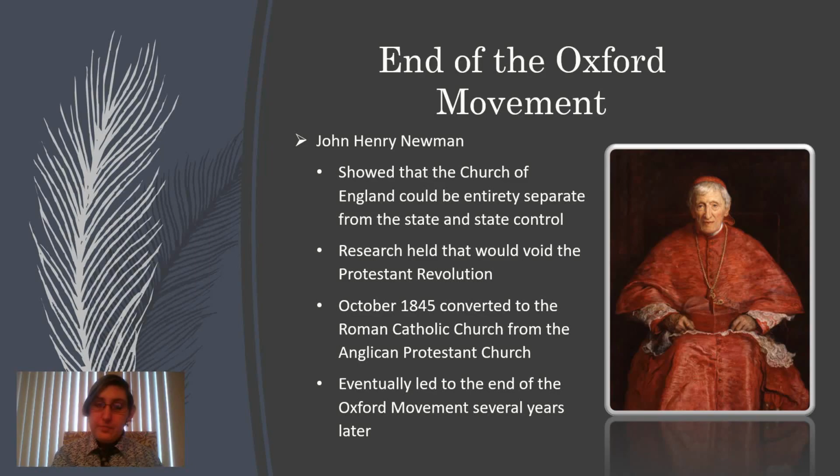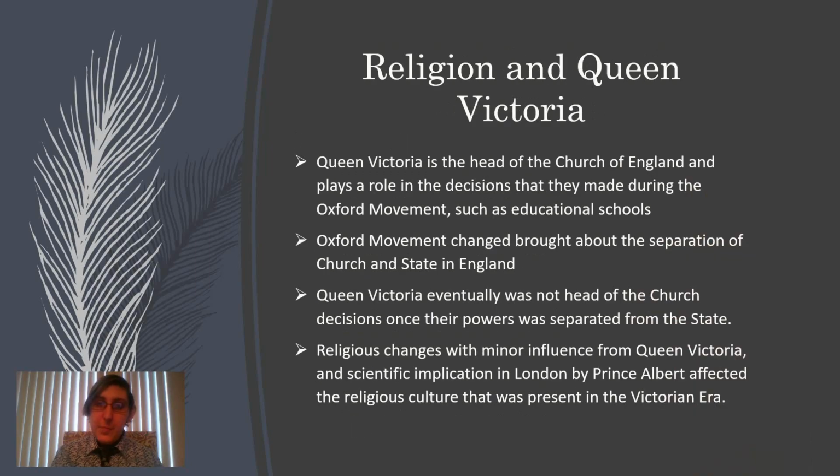So, overall, religion in Queen Victoria, she was the head of the Church of England, and played a role in the decisions they made during the beginning and middle of the Oxford movement, until near the end of the movement, the church had separated from the state of England, and therefore she no longer had as much control over what was going on.